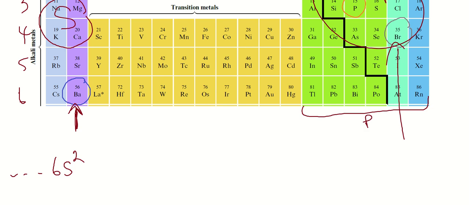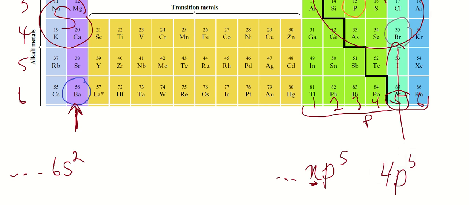Since it's in the 1, 2, 3, 4, 5, there's 6 spots for each, representing each of the electrons that fit into the P orbitals. Since it's in the 5th column there, all those elements are going to end in np5, where the n is the principal quantum number. So for bromine's case, that is going to end in 4p5.